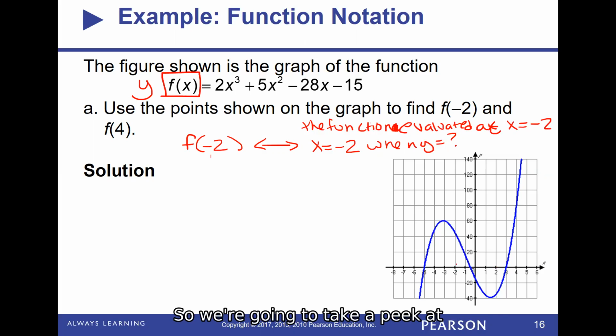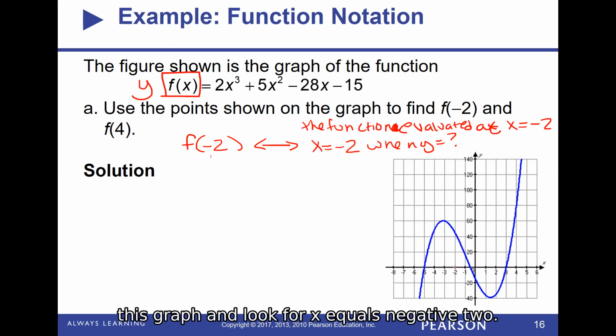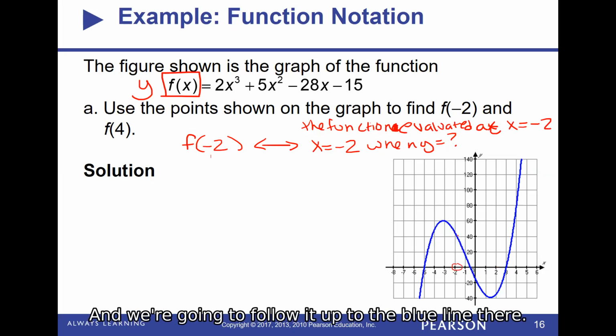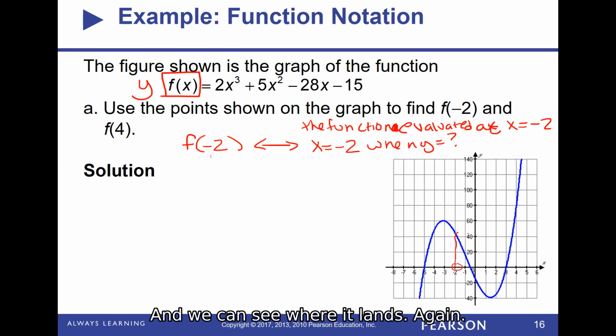So we're going to take a peek at this graph and look for x equals negative 2. Here's x equals negative 2 right here, okay? And we're going to follow it up to the blue line there, and we can see kind of where it lands. Again, right now we're kind of eyeballing things, so it looks like it might be about 41, 42-ish, okay?